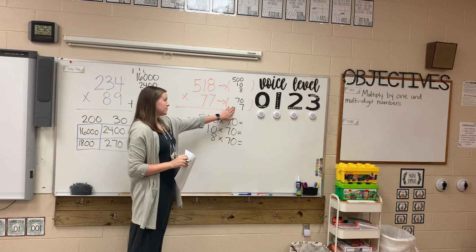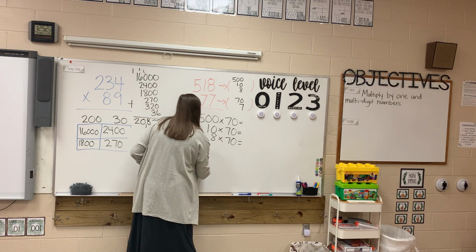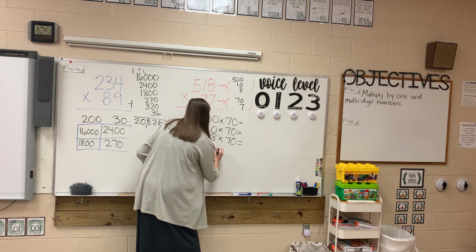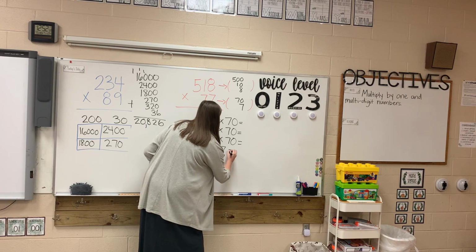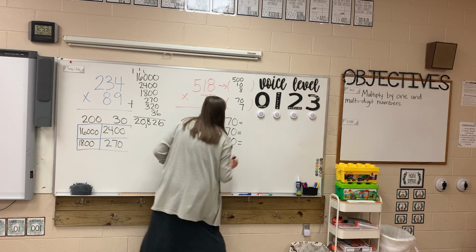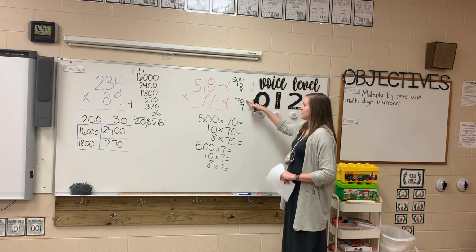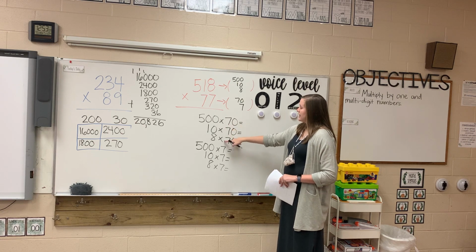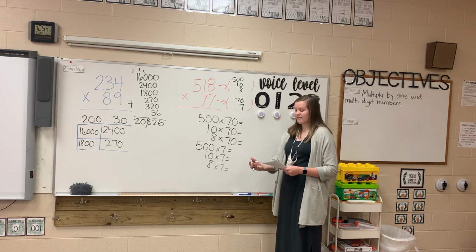But I still need to multiply it by that 7, so I'm just going to write it one more time. 500, 10, and 8 times 7. So I broke apart my two numbers, and now I have to multiply each of the top by both of my bottom numbers.